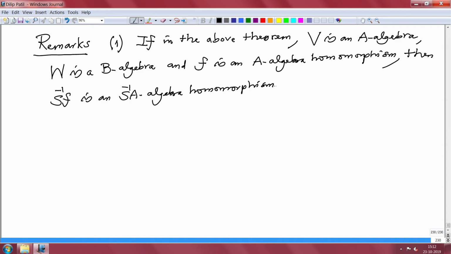That means it respects multiplication, but that is very clear from the definition of S inverse F, because F has that property.